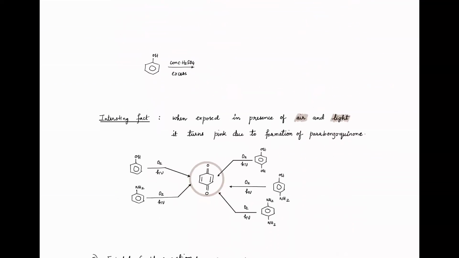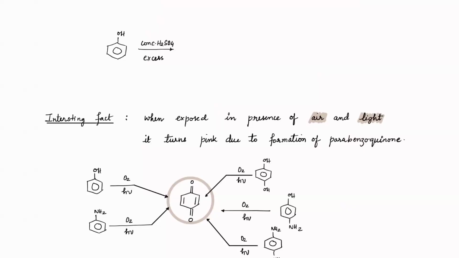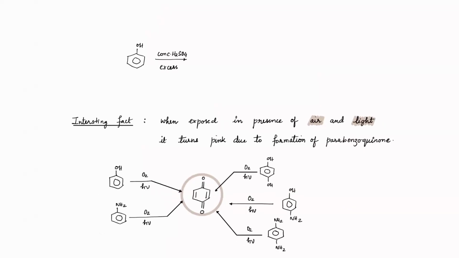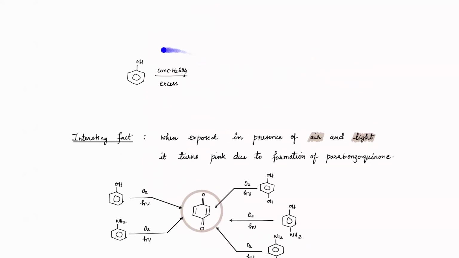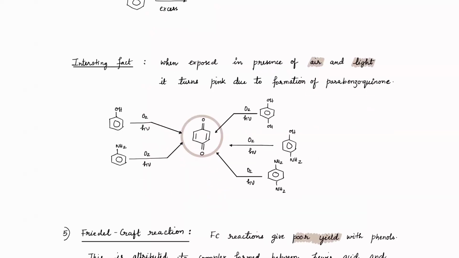Now notice. Next, see. The interesting fact here is, this I have already explained: in the presence of air and light, the quinol will start oxidizing to convert into quinone.